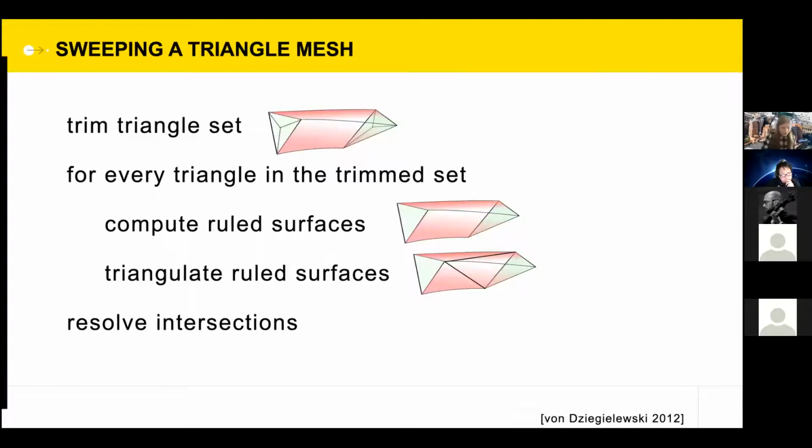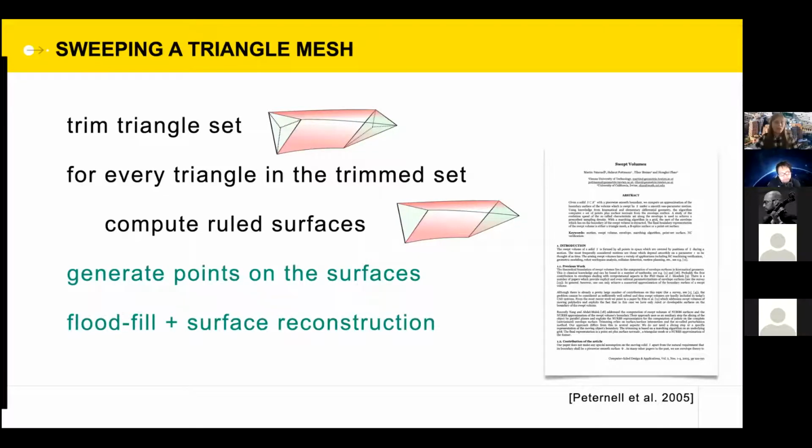In fact, a lot of the related work in swept volumes, the previous work from the past 20 years, is circumventing the intersection step. So, for example, Peter et al. generate points on these ruled surfaces, effectively creating a point cloud of the swept volume, and then they reconstruct the swept volume, forgetting about these surfaces, just keeping the point cloud and doing point cloud to surface reconstruction using standard techniques.